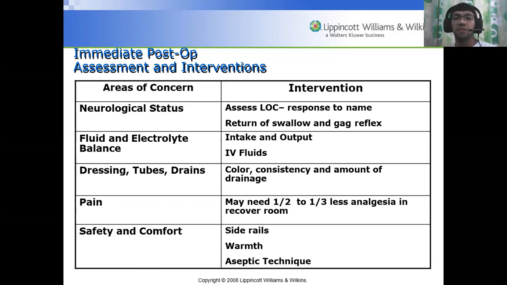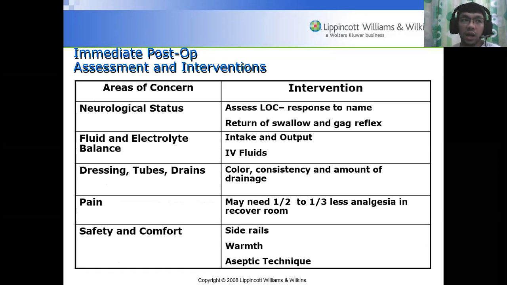Immediate post-op assessment and interventions. Areas of concern. First is neurological status. Our intervention is to assess the level of consciousness, if they are responsive to their own name. We are also going to assess for the swallow and gag reflex. This is one of the common board exam questions.